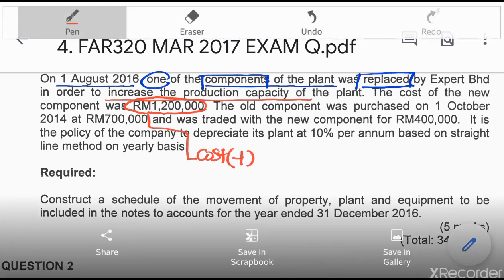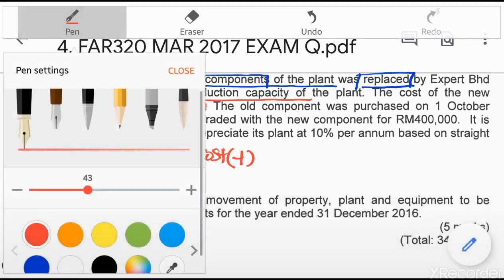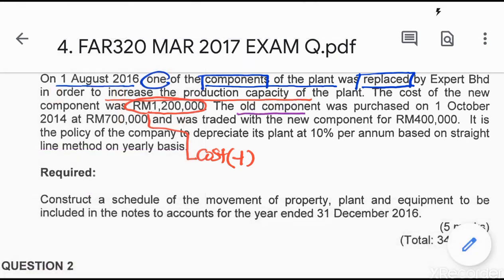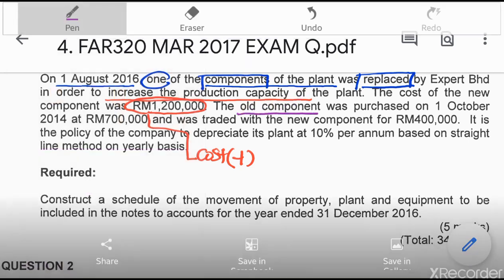And then you have another one, which is the old component. I'm using a purple color here.